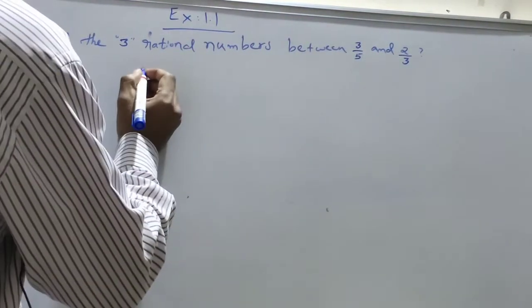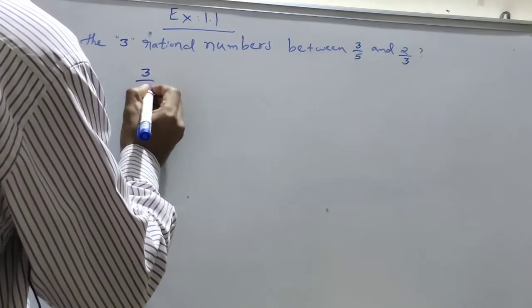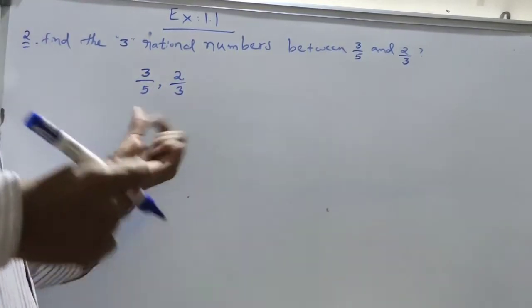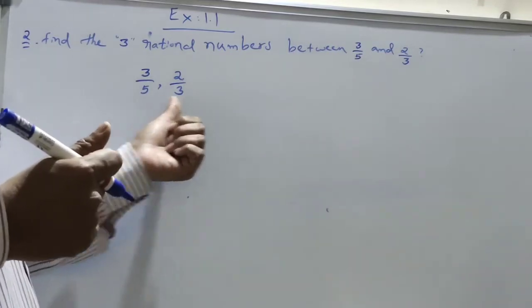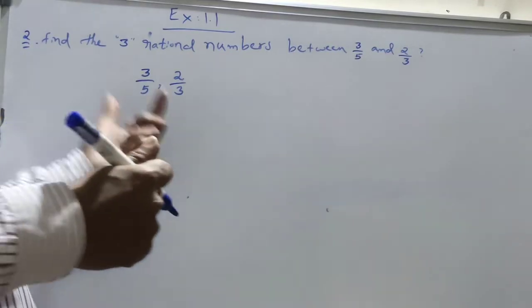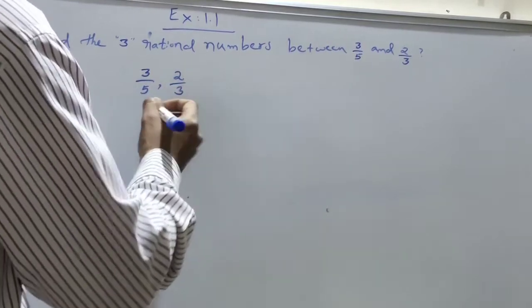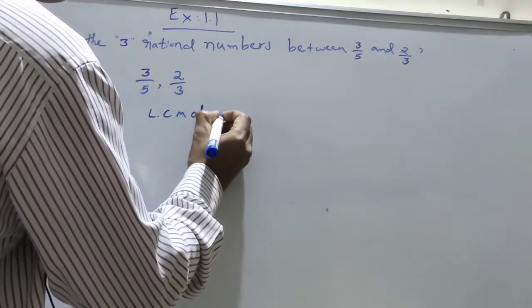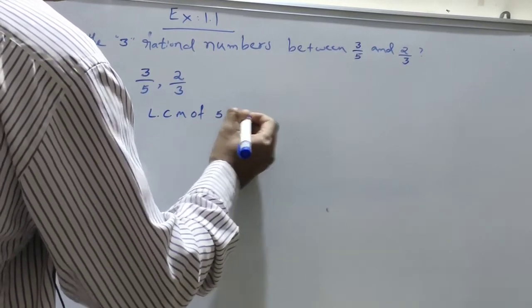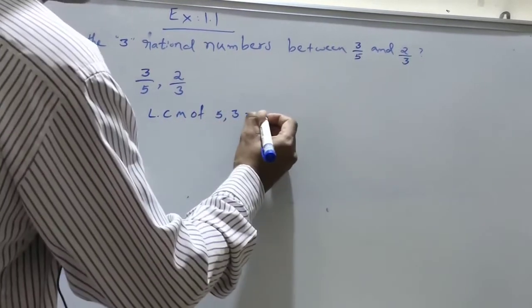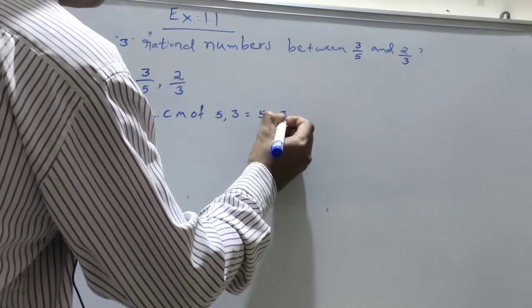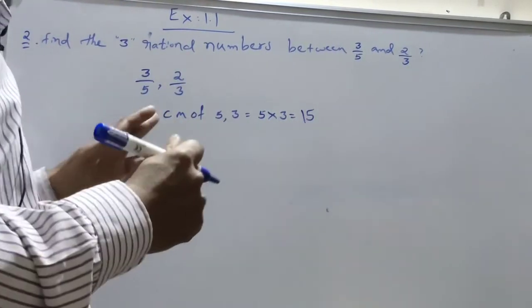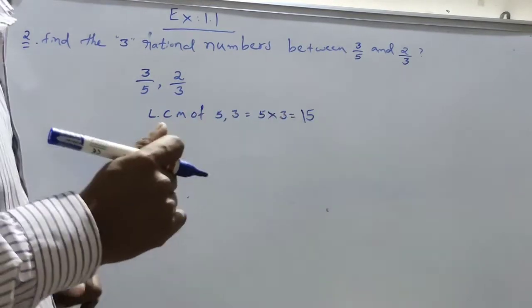First of all, make them into similar fractions, that means the denominators should be the same. To get similar fractions, take the LCM of 5 and 3. These two are prime numbers, so we can directly write the product, which gives us the LCM, that is 5 times 3 is 15.